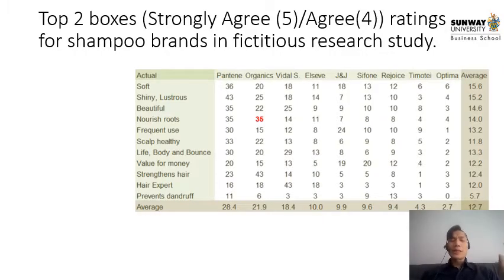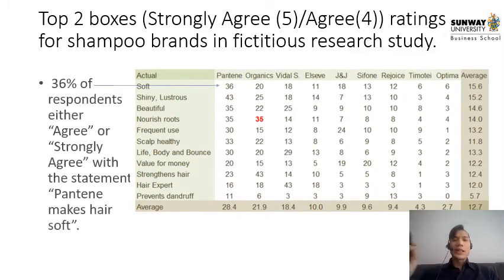Now, if we just take the top two, agree, number 5, and disagree ratings for a shampoo or brands of whatever study that we are looking at, then we can see that 36% of the respondents either agree or strongly agree with the statement that the brand Pantene makes hair soft.